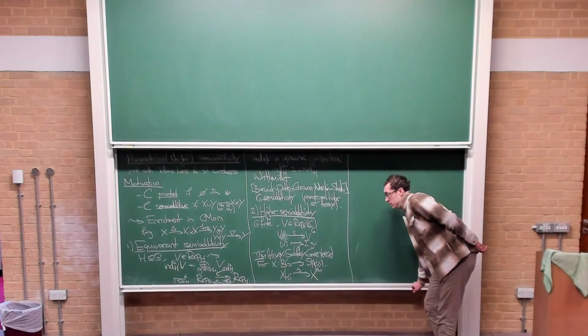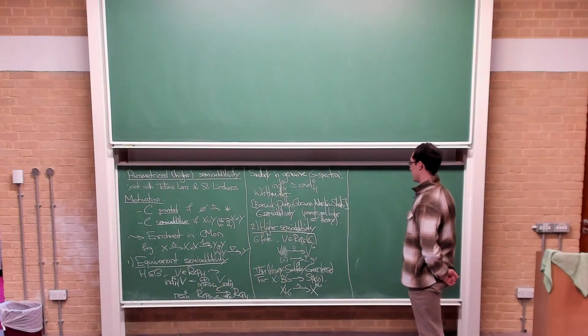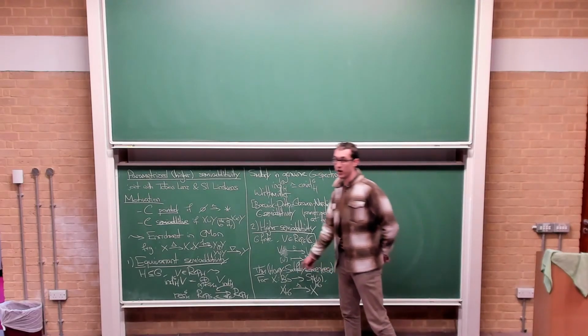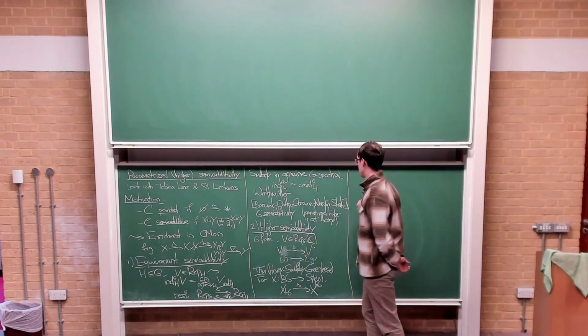And this has been generalized by Hopkins and Lurie, where we replace BG by an arbitrary pi finite space.